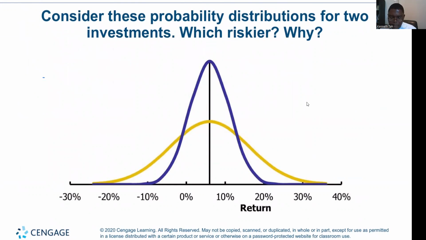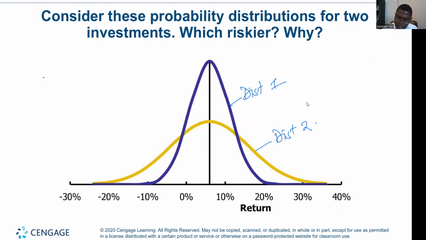So we can consider these probability distributions for two investments. The question is which is riskier and why? We can call this one distribution 1, and we call the other one distribution 2.